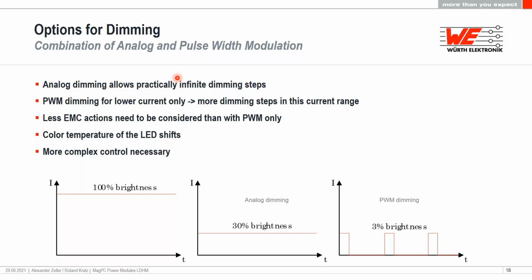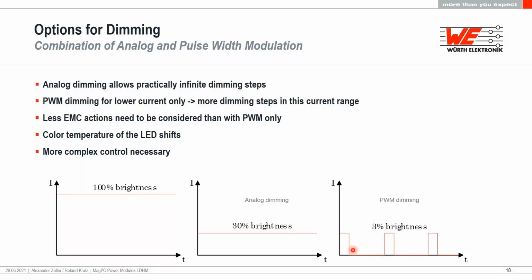Analog dimming allows practically infinite dimming steps, so you can theoretically move it to an infinite number of levels. PWM for lower current gives you the option of much more dimming steps.